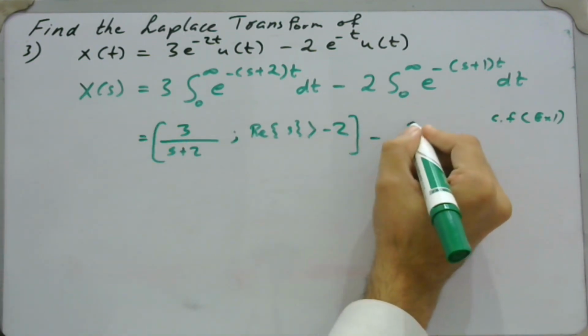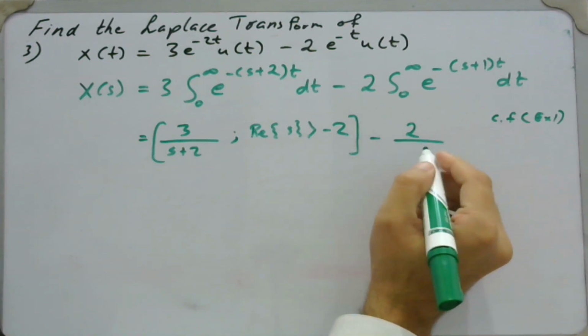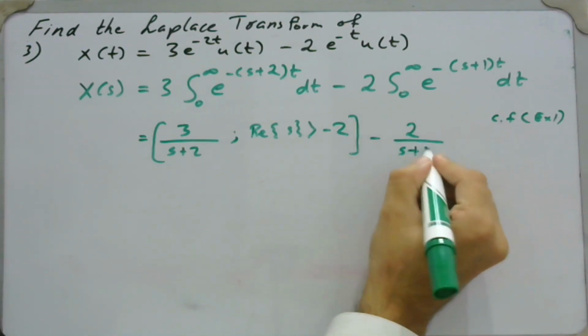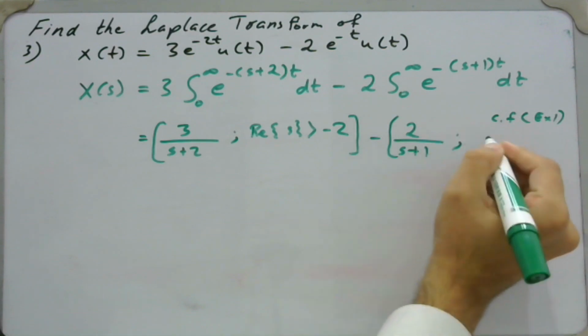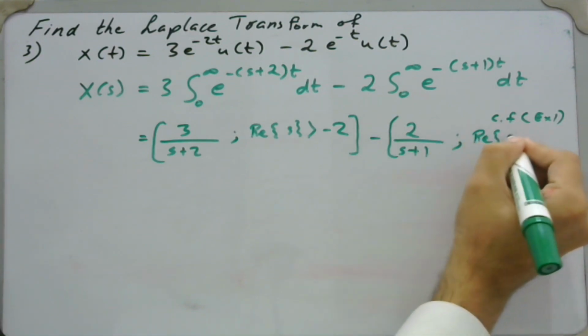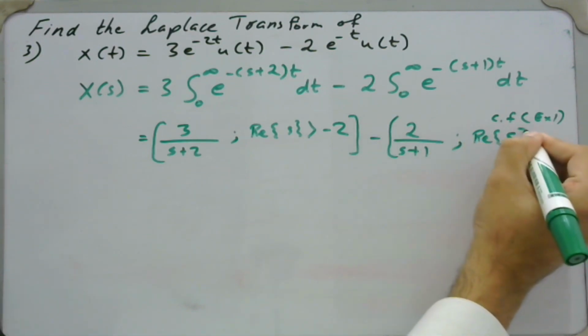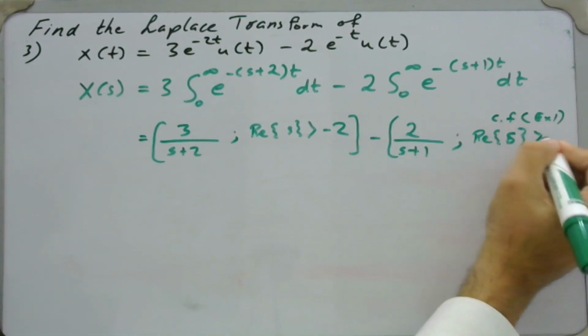minus 2 over s plus 1, and this is valid when our real part of s is greater than minus 1.